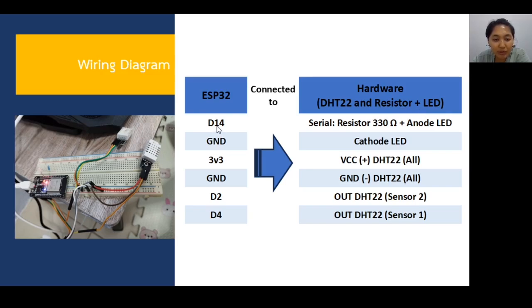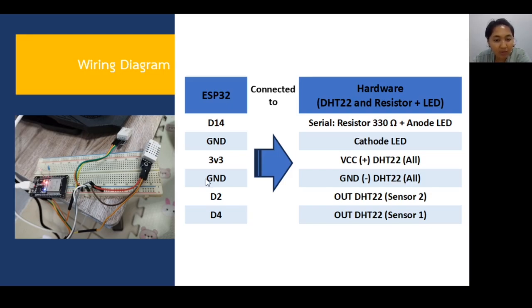The pin D14 is wired to the serial circuit of resistor and anode of LED. Pin ground is wired to the cathode of LED. Pin 3.3V is wired to the pin VCC of all the DHT22 sensors.